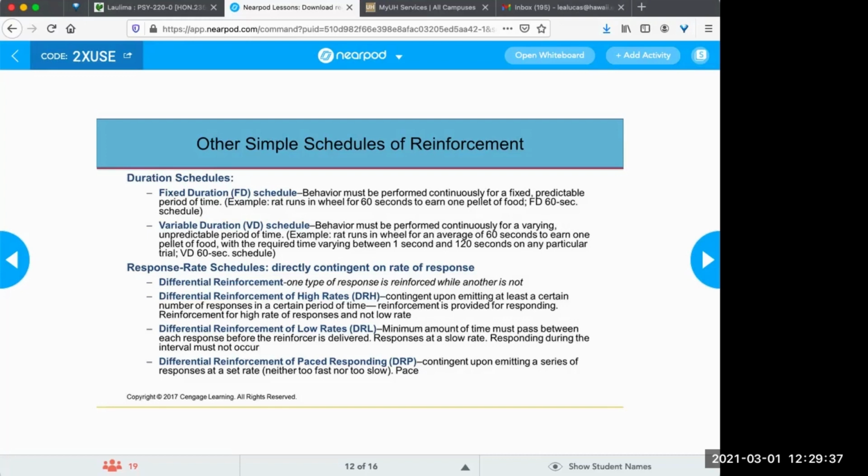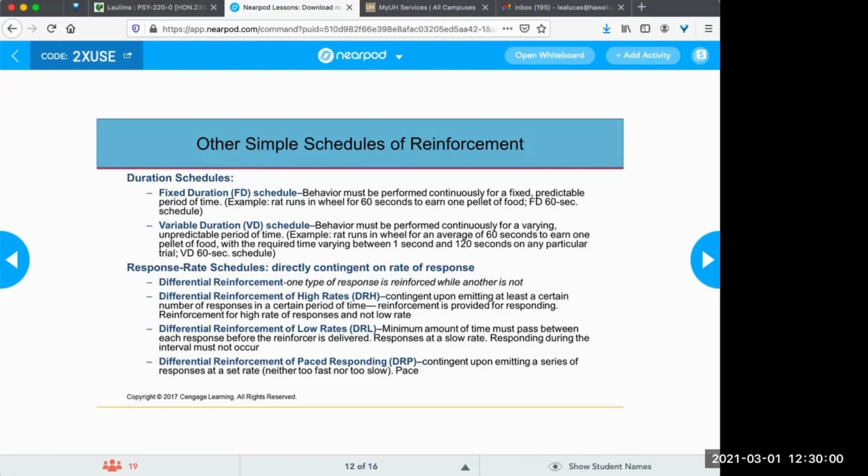Then we have a variable duration schedule. Behavior must be performed continuously for a varying, unpredictable amount of time. So the rat runs in a wheel on average 60 seconds to earn 1 pellet of food.